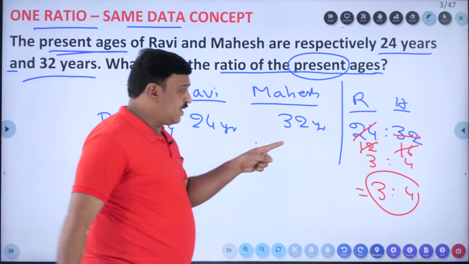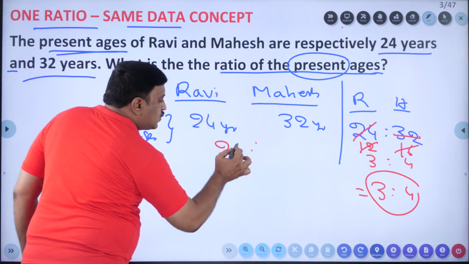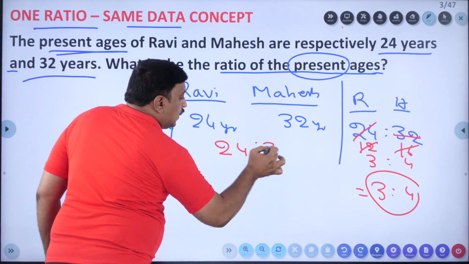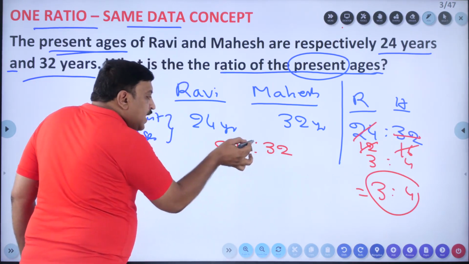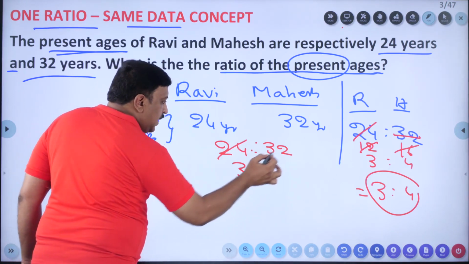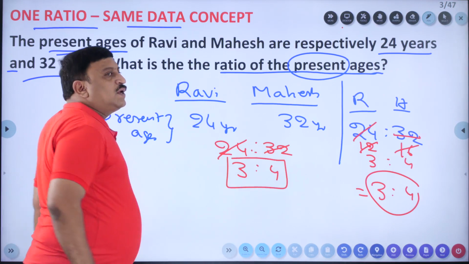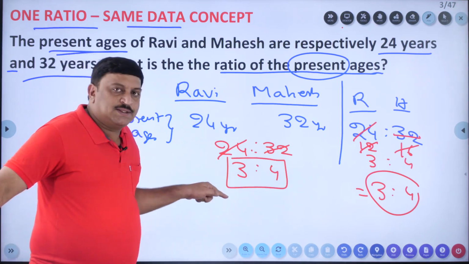What we have done here to simplify 24 is to 32, you can do directly if you know the table, 8 3s, 8 4s. Those who know calculations very well will go like this.